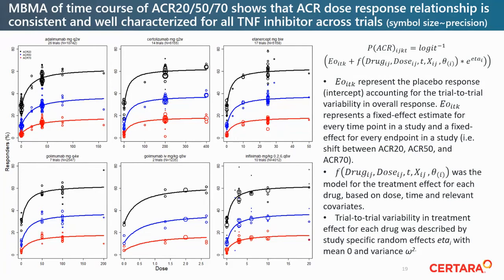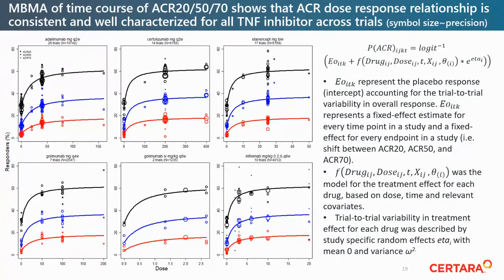No surprise there. They all act in a similar way. And the only difference between them is the dose that they've picked on this dose response relationship for their clinical dose, with 40 milligrams every other week of adalimumab being slightly below plateau, whereas most of the other drugs are dosed at the plateau response.